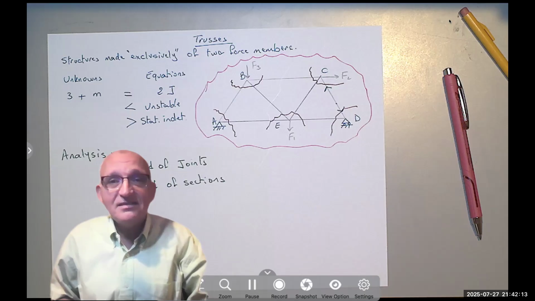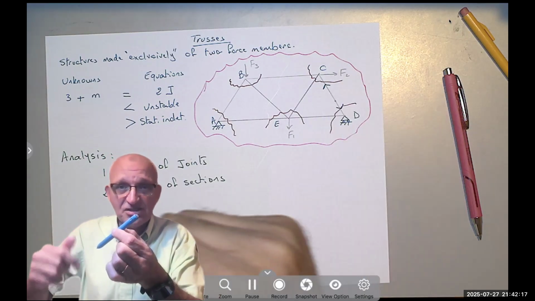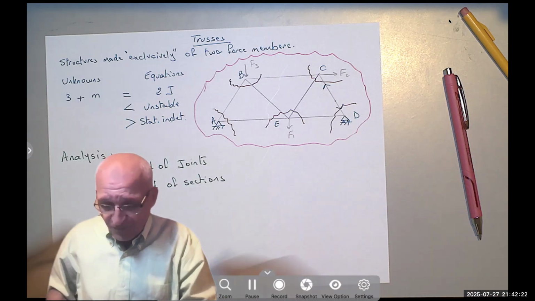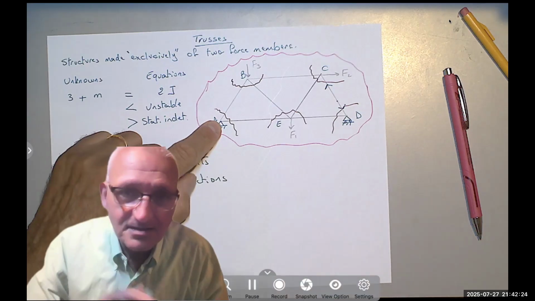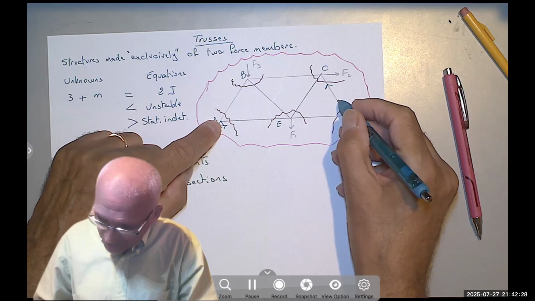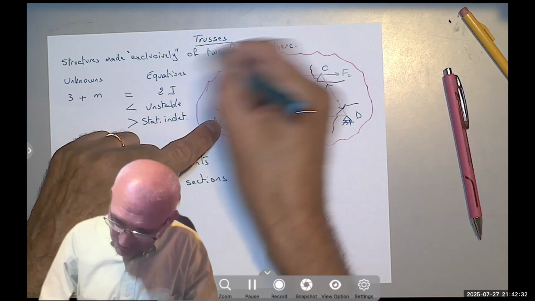But as long as the member is intact, like the whole truss, they cancel each other. They have the same line of action, opposite sense, and equal magnitude. If you want to take the moment, be my guest, but it doesn't make any sense. The moment produced by this force is clockwise, and the moment produced by that force is counterclockwise.